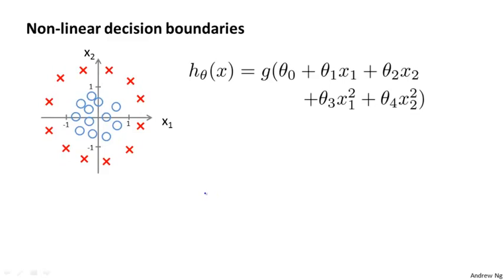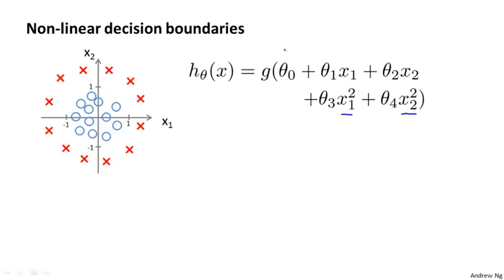Concretely, let's say my hypothesis looks like this, where I've added two extra features, x1 squared and x2 squared, to my features, so that I now have 5 parameters, theta 0 through theta 4. As before, we'll defer to the next video our discussion on how to automatically choose values for the parameters theta 0 through theta 4.